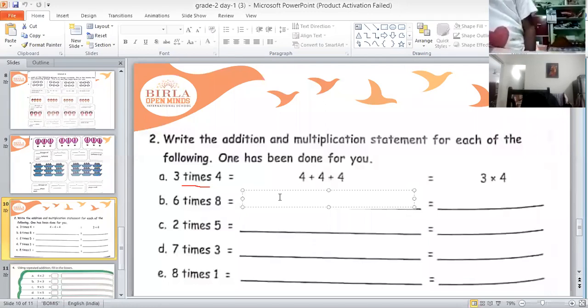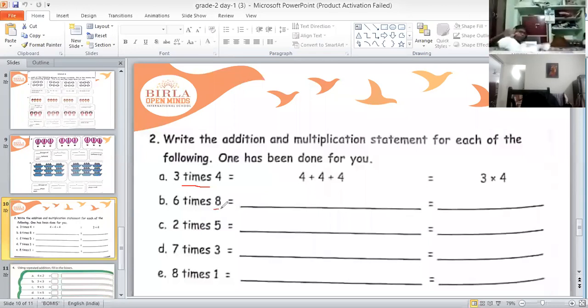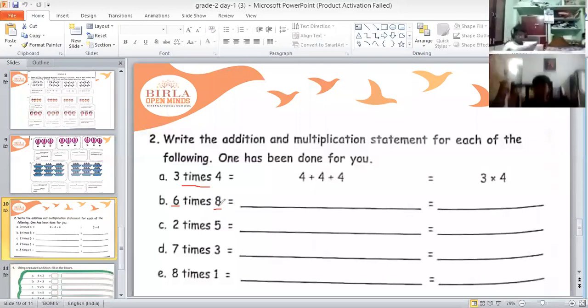This means you have to write number 8 how many times? 6 times. Listen, if you listen very carefully, you should not write wrong answers. Again, I'm repeating. This is 6 times 8. This means you have to write number 8 6 times, that too with plus sign.